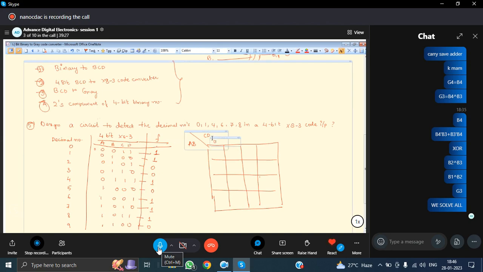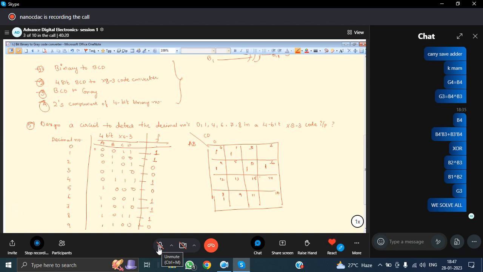You can place them directly. If you plot this with the K-map, what do you get? So 0, 1, 5, 6. What is this? 0. Okay, 1, 4, 6, 7, 8. So all these things are there.